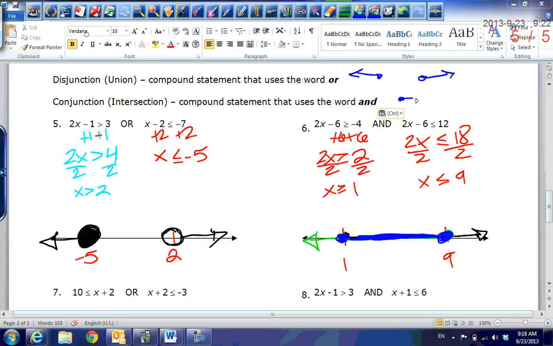My ands will always look like a barbell or dumbbell or something like that. Or what else do you think? Line segment. Yes.